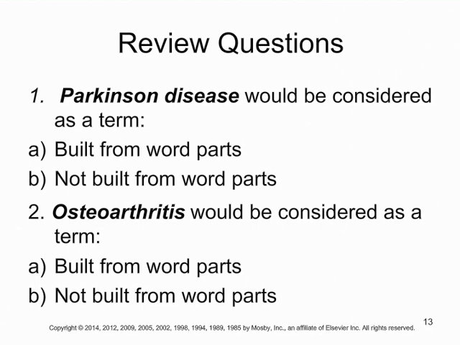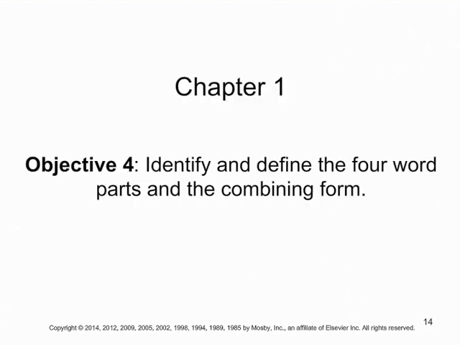So you should say A for that one. Osteo means bone, arthr means joint, and itis means inflammation. So therefore, osteoarthritis, we would determine, means inflammation of the bone and joint. And don't feel bad if you're confused on what these parts are right now. We're going to actually learn them when we get to those specific chapters.